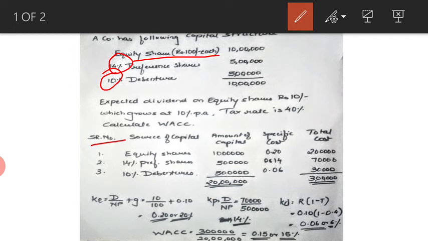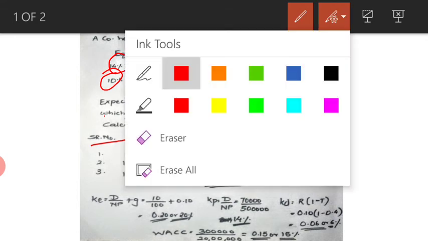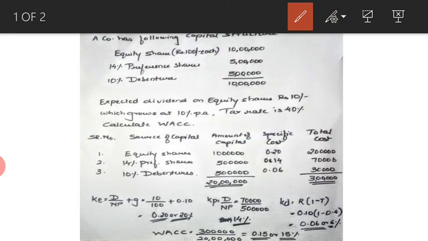We need serial number, sources of capital, amount of capital. Now these three things are already available, but do we know the specific cost? No, right now we do not know the specific cost. So for that, this additional information is given. So let's read the additional information. Expected dividend on equity shares is 10 rupees, which grows at 10% per annum. Tax rate is 40%. Calculate WACC.